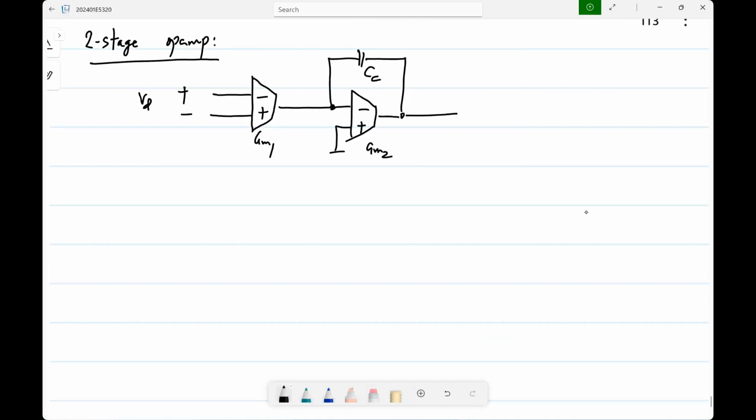Okay, and of course, we expect that there will be parasitic capacitors here and there. So how would we go about building it? What stage would we use, or what circuit would we use to implement GM1?